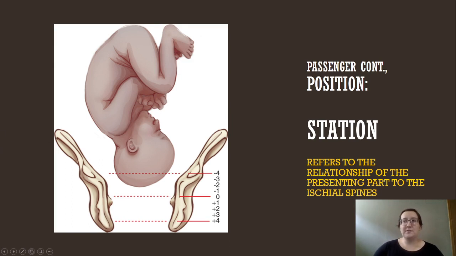Why do we care about this? Well, when we are able to measure station, what we're measuring really is the rate of descent. We don't want a delivery that goes too quickly, which again has high risk of trauma, or too slowly.